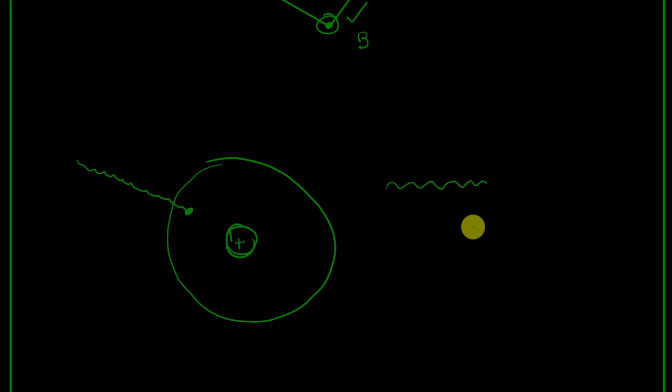Now we are thinking of everything as a particle, but obviously in quantum mechanics, everything is a wave. But for analogy purposes, we can still think of them as particles. So the photon collides with the electron, and the X-ray undergoes elastic scattering.